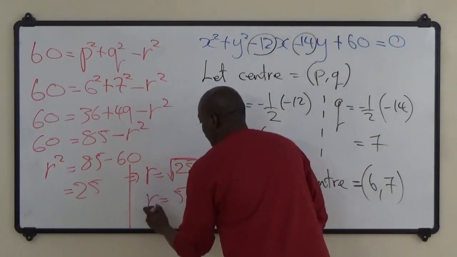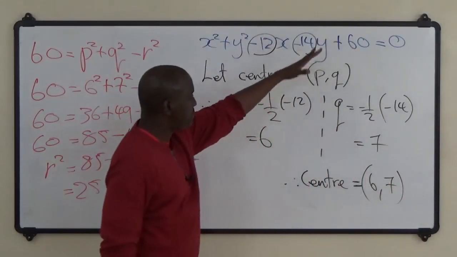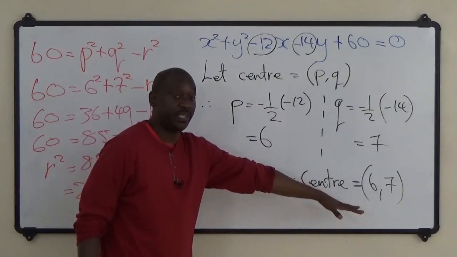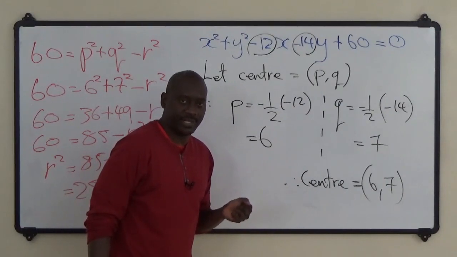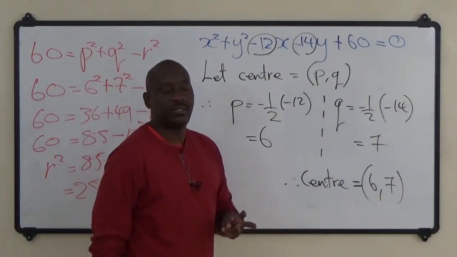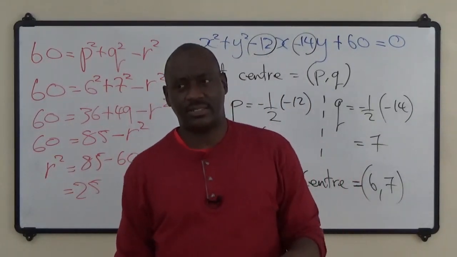So, we started with the general form, and using the relationships that we would have derived previously, we were able to extract the same information for the radius of the circle and for the coordinates of the center of the circle.